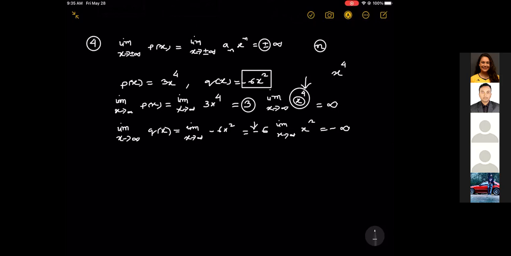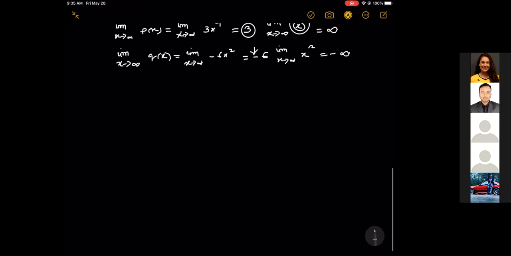But if we have more than one term, like 3 times x to the fourth minus 6x squared plus 5x minus 12, the highest exponent, highest degree, is 4. So the leading coefficient of this polynomial will be positive 3.